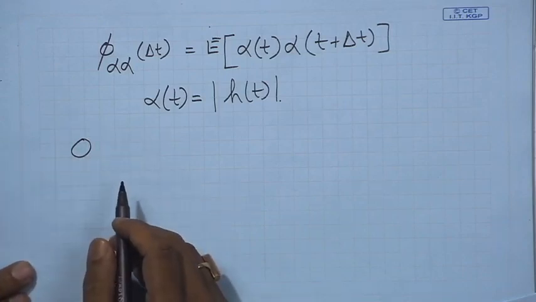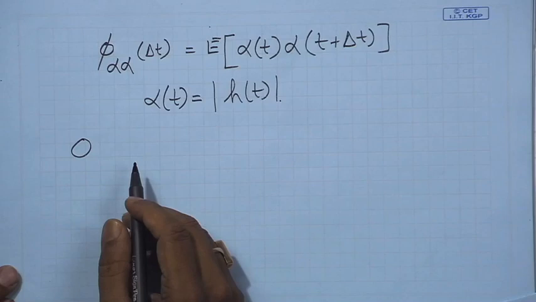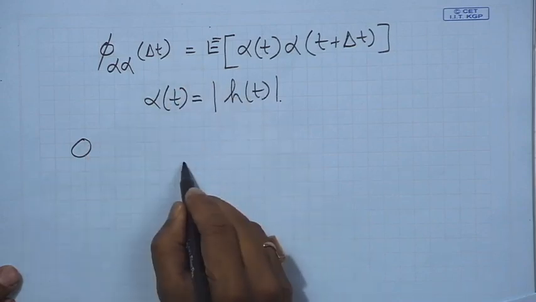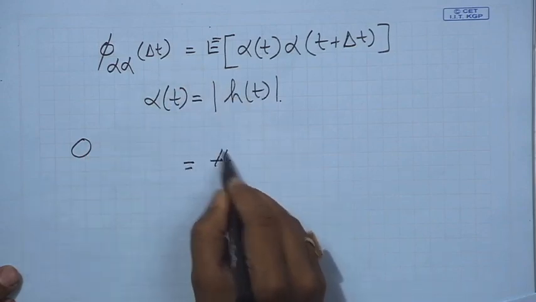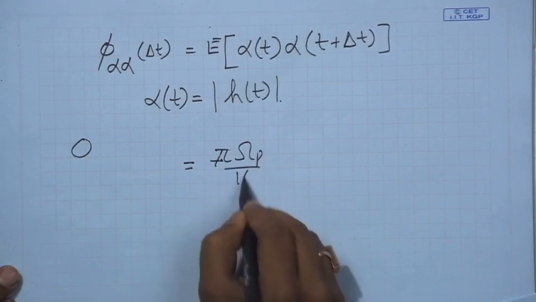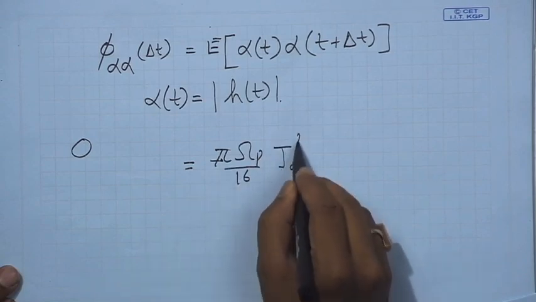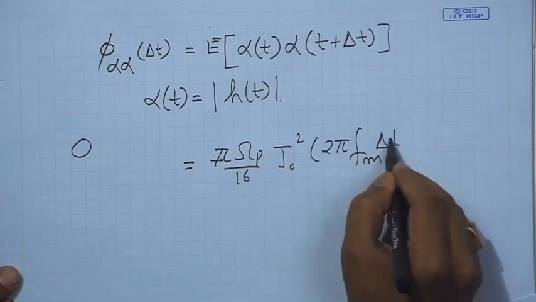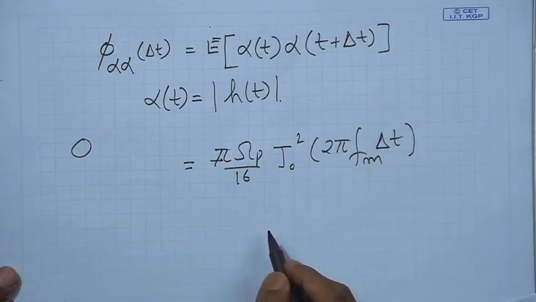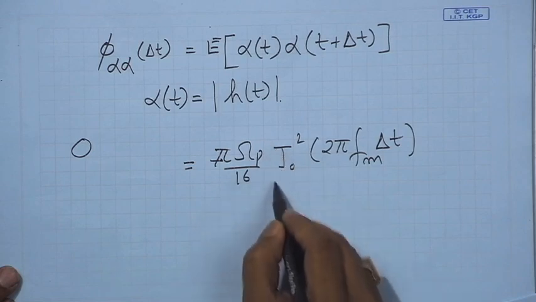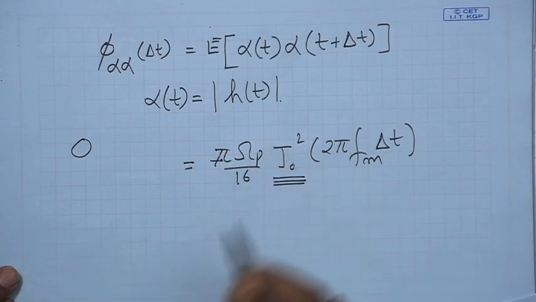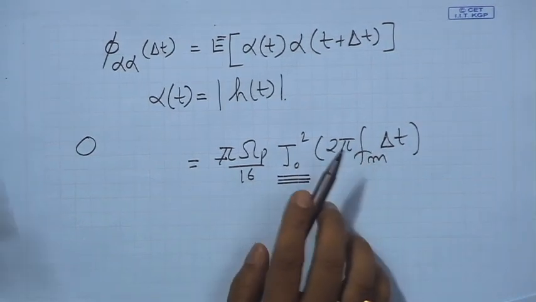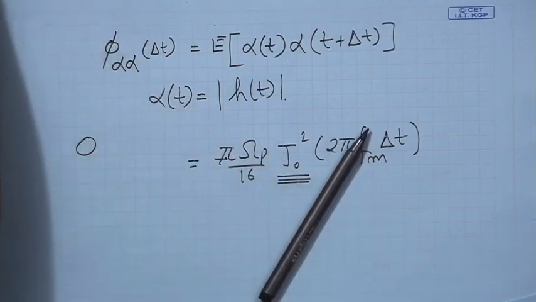So, basically what we have is phi of alpha alpha delta t, which would turn out to be pi sigma squared by 16 times J0 squared of 2 pi fm delta t. So, what you see, the difference between the previous one and the current one is that it is J0 squared instead of J0. So, that means it is decreasing faster.